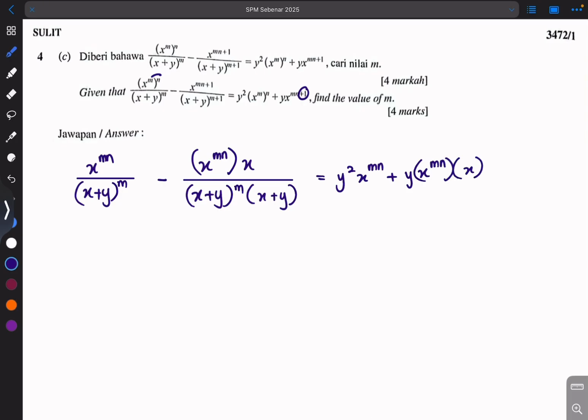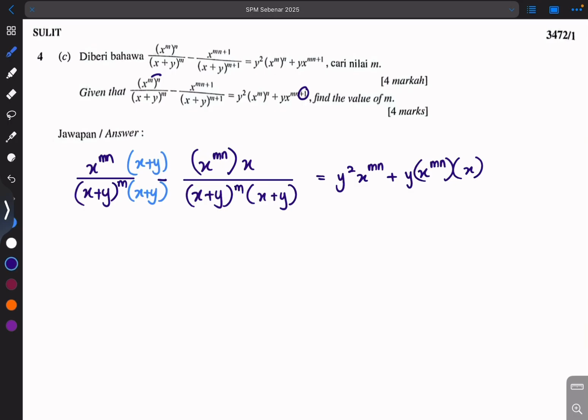Okay. Now let's try to make the denominator same. So this is the only extra part here, because here is (x plus y) to the power m, here is (x plus y) to the power m times this. So what we do is top and bottom we multiply with (x plus y). This will make the denominator same.